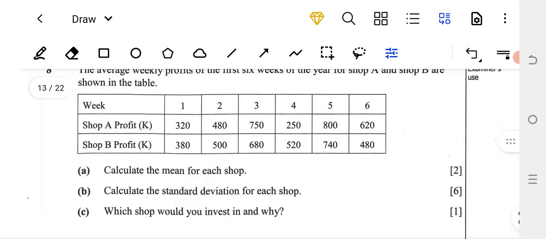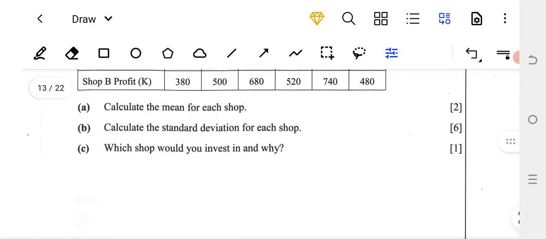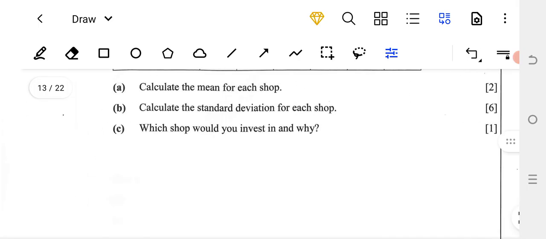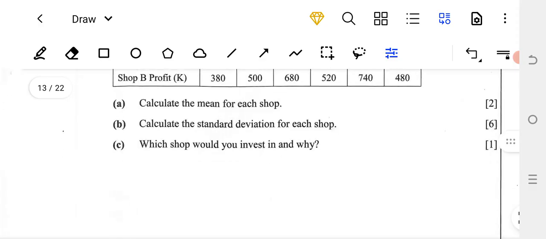Okay, so let us find the standard deviation. We are going to use the table method. You can use whichever method you're comfortable with, but for this video we're going to use the table method. In another video we're going to use the other method. We're going to start with shop A.